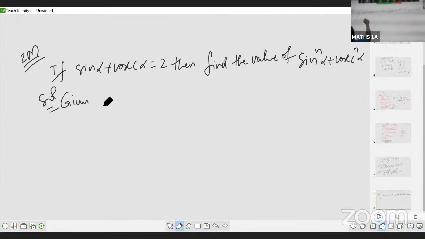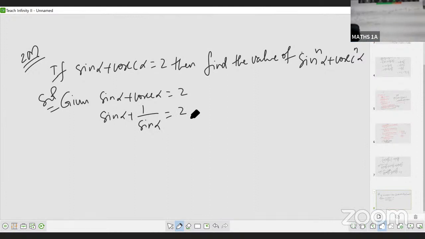What is given? Sine alpha plus cosecant alpha is 2. Cosecant, I will write it as 1 by sine alpha. Now take LCM. Sine square alpha plus 1 equal to 2 sine alpha.